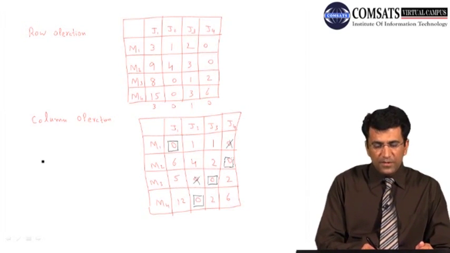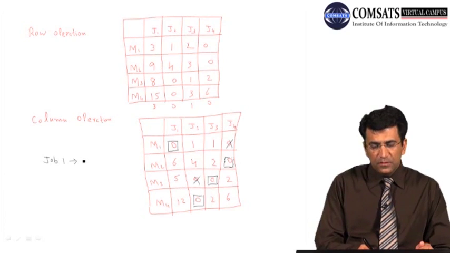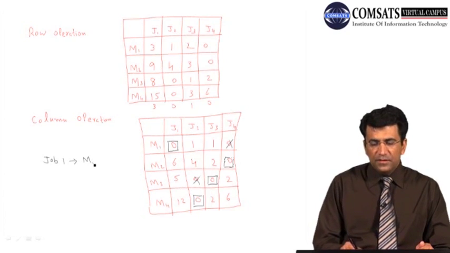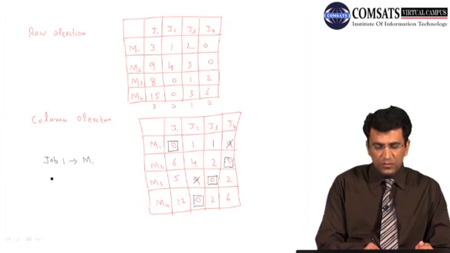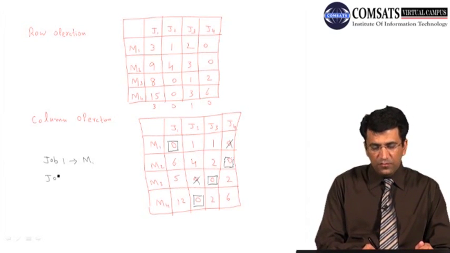So our optimum assignment is we'll have to assign job 1 to machine 1. The second assignment here in the second column is in this particular cell, that is we'll have to assign job 4 to machine 2.